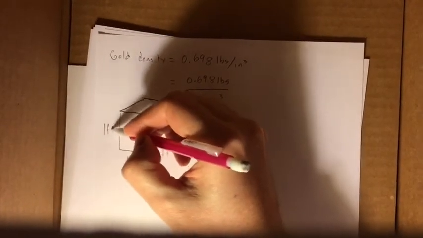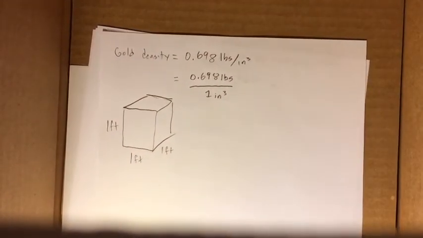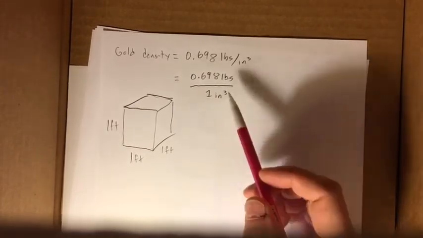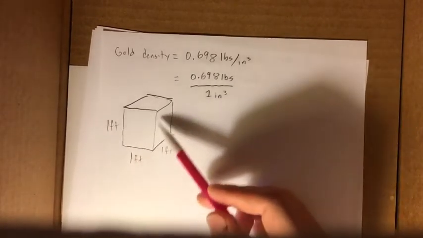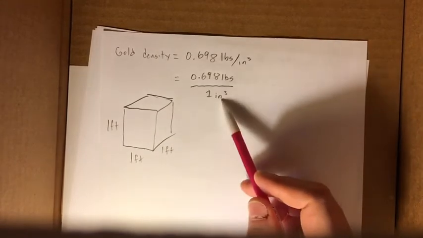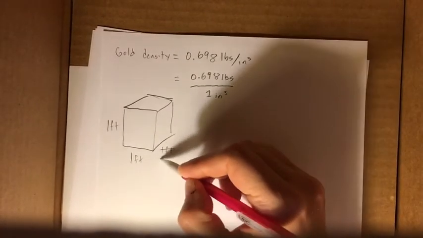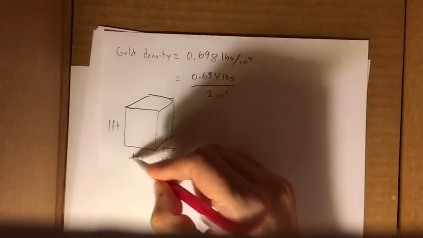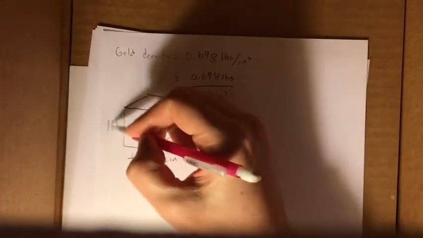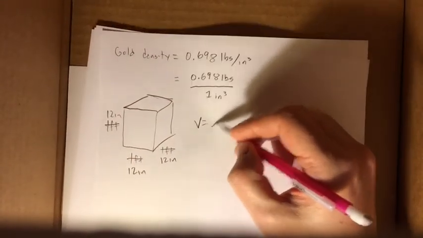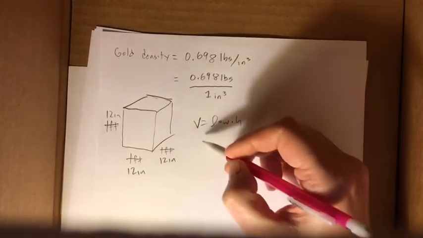Now, one thing we have to do before we're able to do this calculation is we have to convert. This is 1 cubic foot. We need to know how many cubic inches this is. Now, how many inches are in a foot? If you said 12 inches, you are correct. So I'm going to change this all to 12 inches, and let's find the volume of this, doing length times width times height.